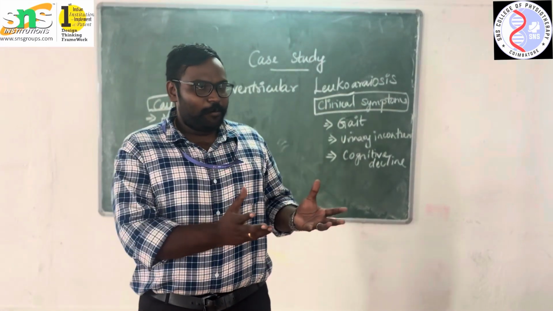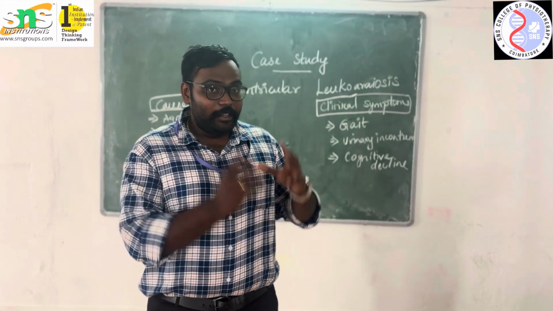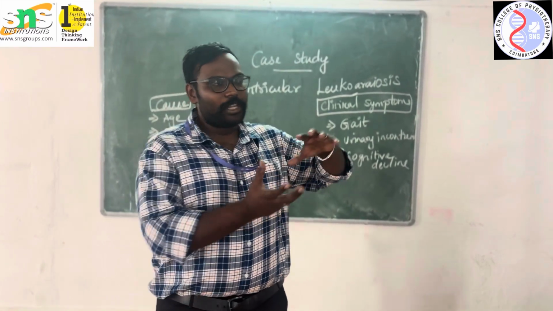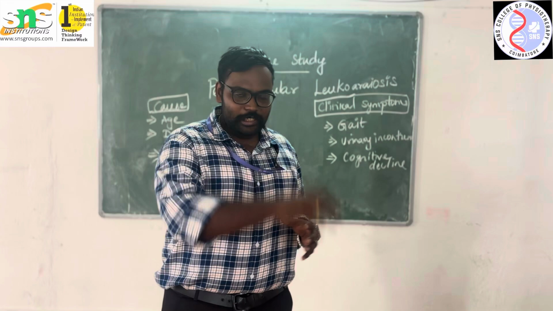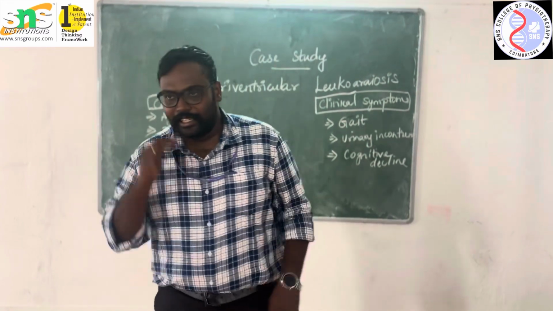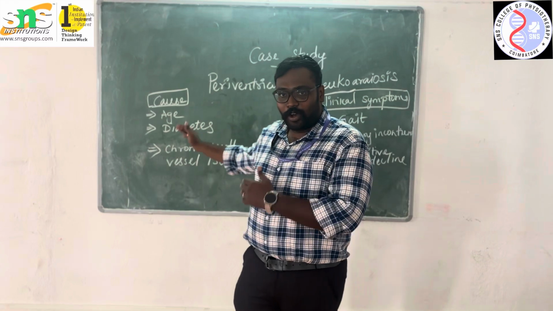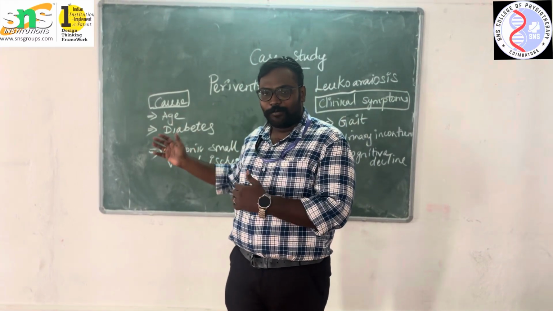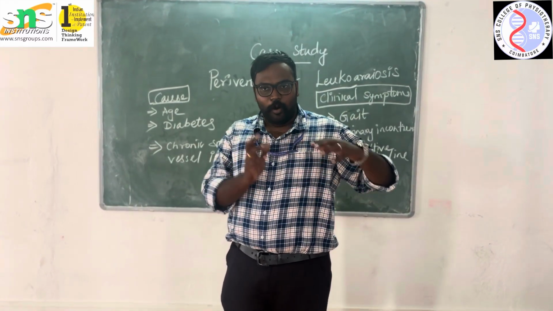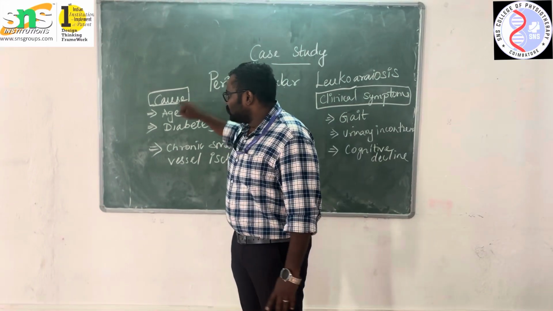So this type of periventricular disease will be seen mostly in old age people and is associated with diabetes. Here I have listed certain causes, which completely come from my personal home case. Cause, age.